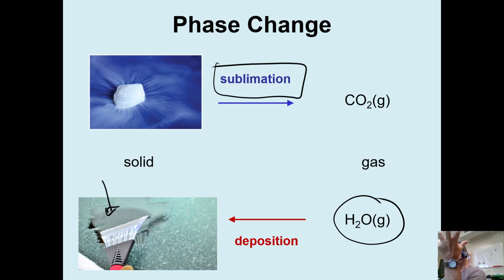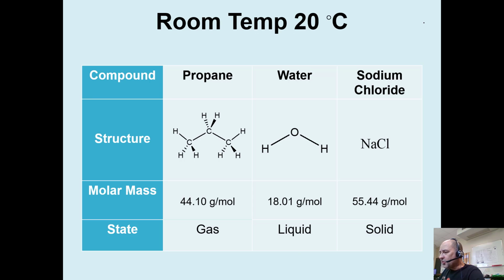This is the water molecules losing their momentum. They are moving very fast in the gas phase, but some of them slow down, hit that windshield, and deposit on the surface. So on certain days we have to scrape the windshield. Those processes are called deposition and sublimation. So that's just vocabulary.